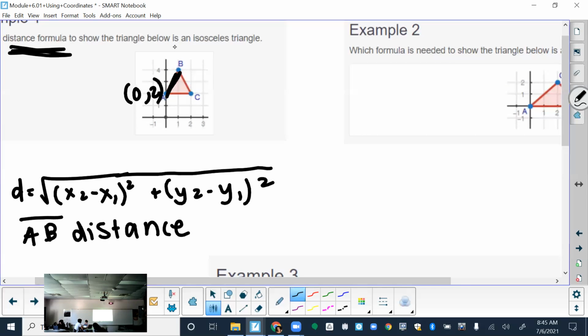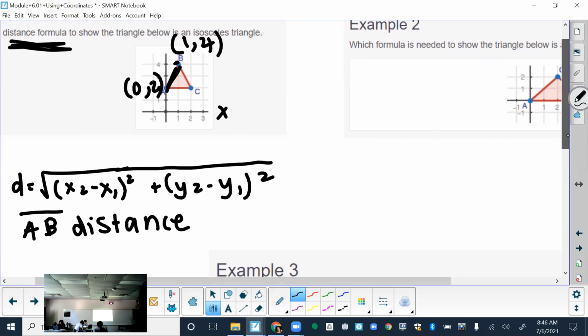And then the X and Y value for B? 1, 1. Did you say 1, 1? I said 4 and 1. It should be flipped. Always do the X's first. So it should be 1, 4. Questions about that? So 1, 4 is where point B is.